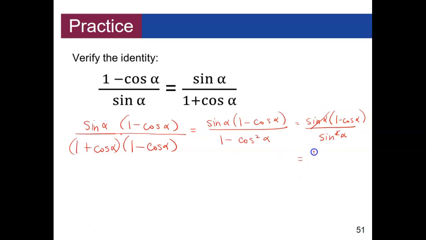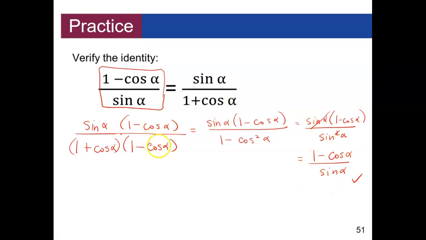And we're going to have 1 minus cosine of alpha over sine of alpha. And that's actually as far as they wanted us to go because we have shown that it equals this expression we started with here. So it doesn't matter which side you start with, you just have to show it equals the other side through a series of logical steps that make sense.